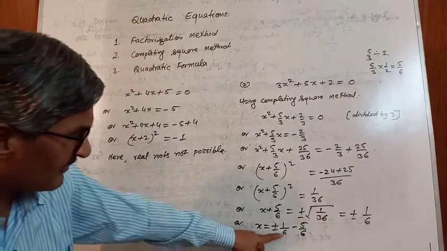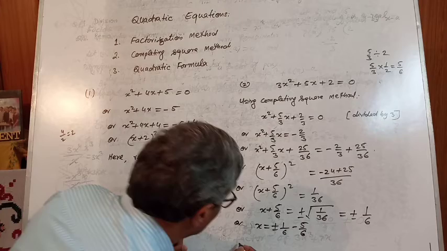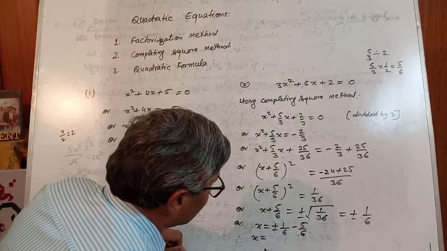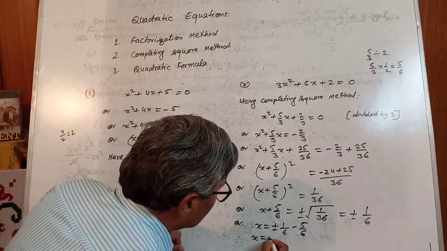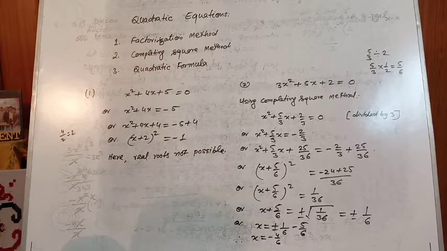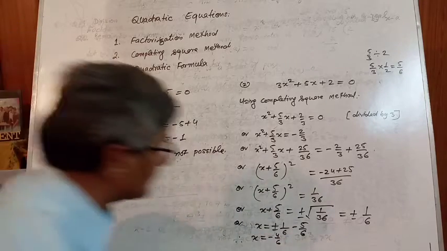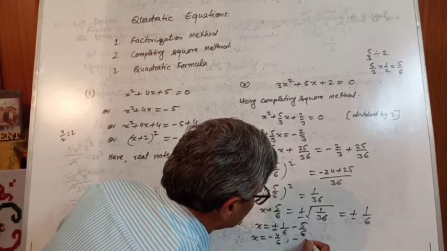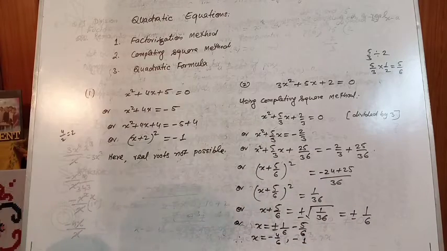So if you are taking positive, then x is equal to 1/6 minus 5/6, which will be minus 4/6, or minus 2/3. And if you are taking minus, then minus 6/6, it means -1.